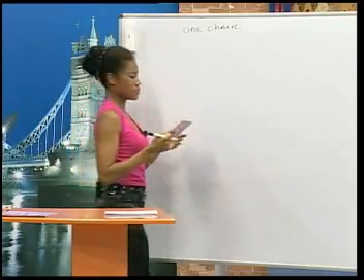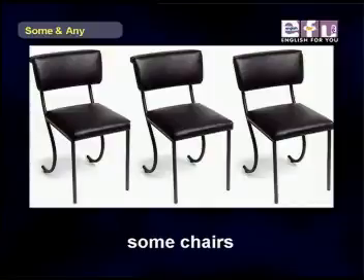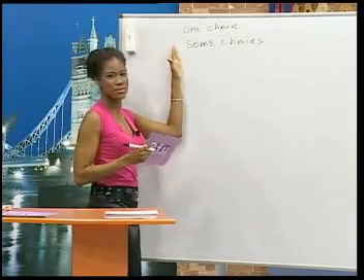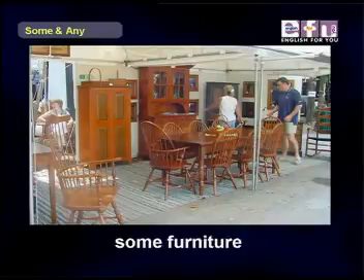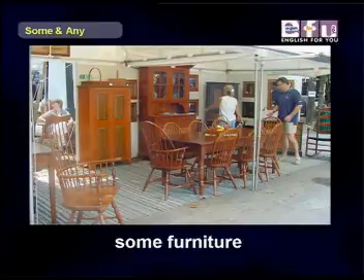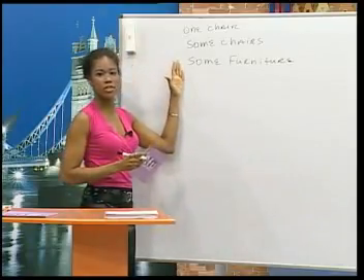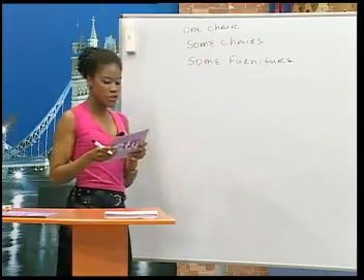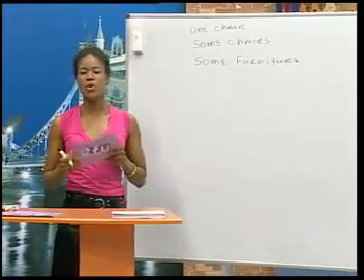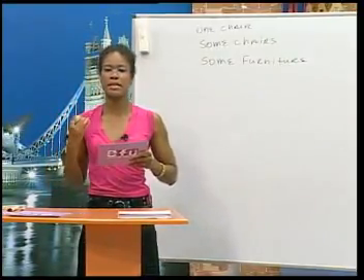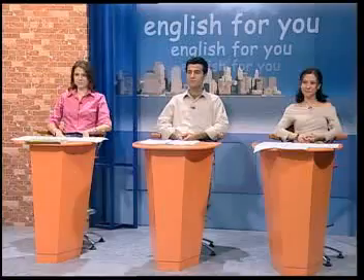For plural count nouns, we have some chairs. For non-count nouns, we have some furniture. So, with non-count nouns, it means there is a quantity of something, there is an amount of something.